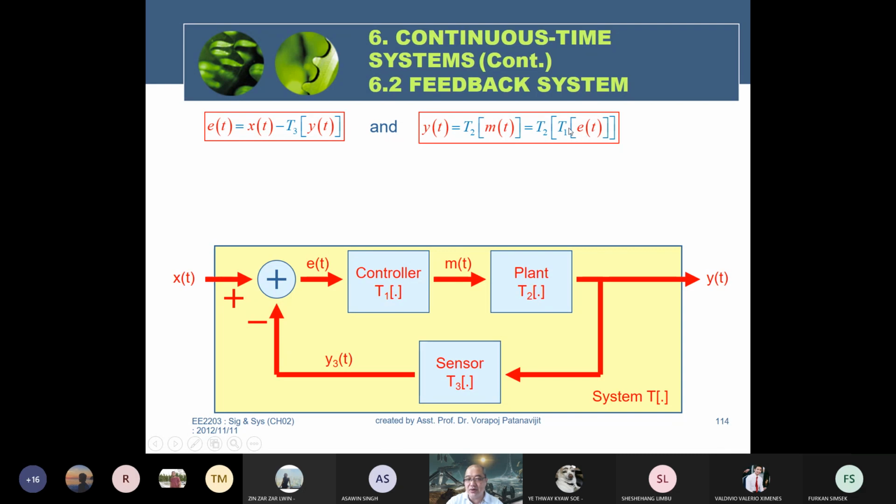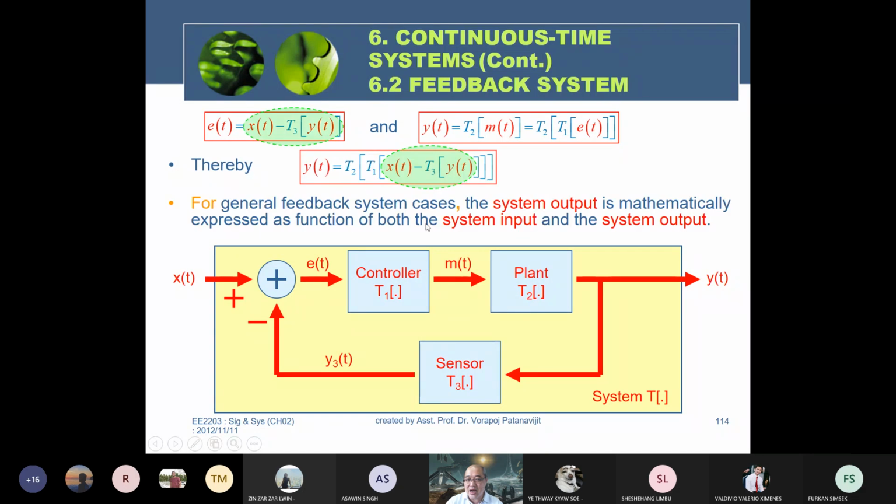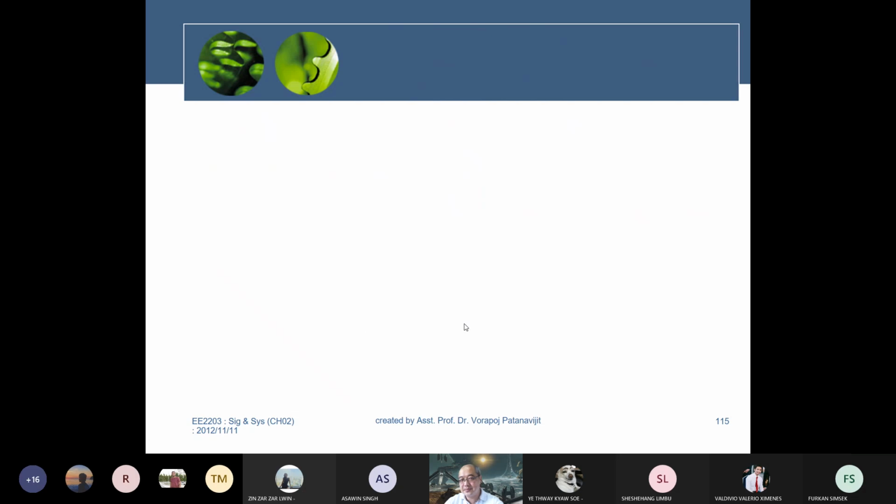You substitute the error back into y, and you will see that the output y is a function of the input x and also a function of itself. In the general feedback system case, the system output is mathematically expressed as a function of both the system input and the system output.